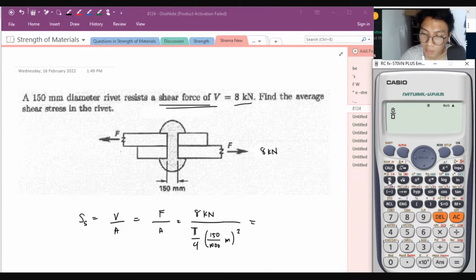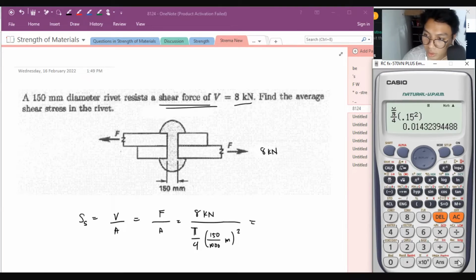8 divided by pi divided by 4 multiply to 0.15 squared. Okay.